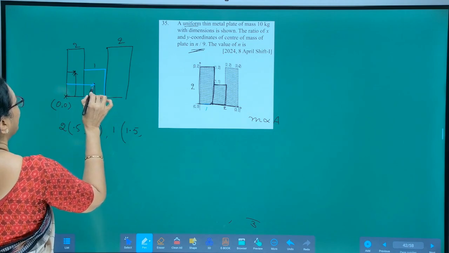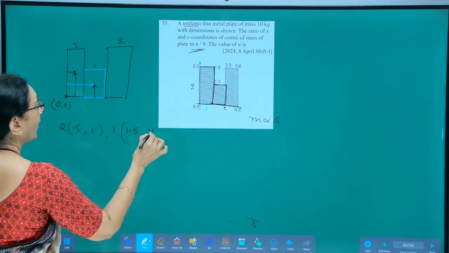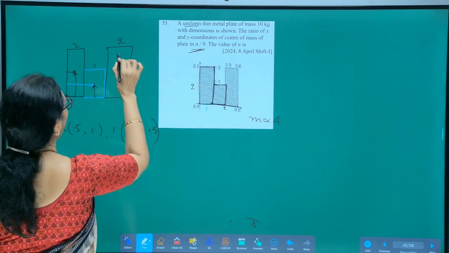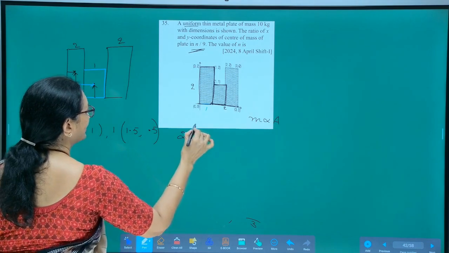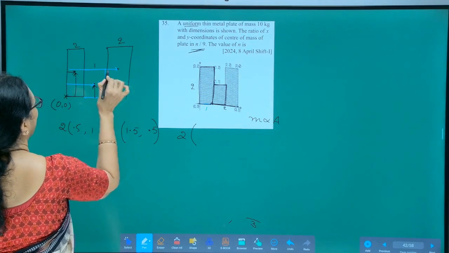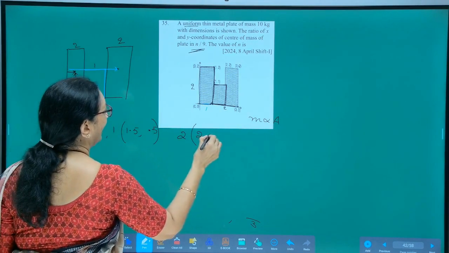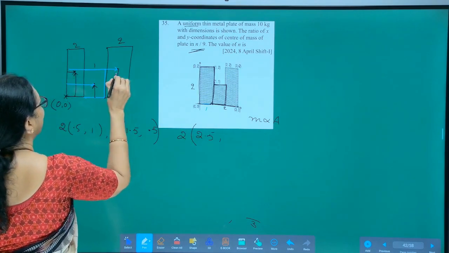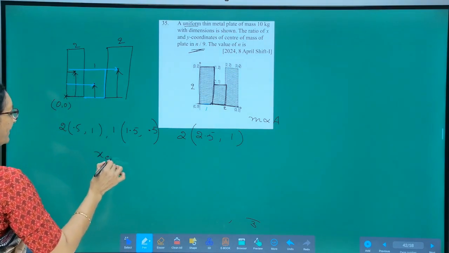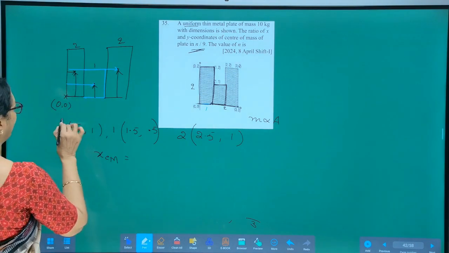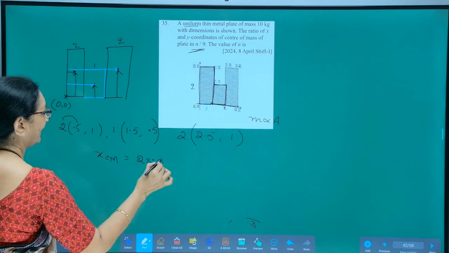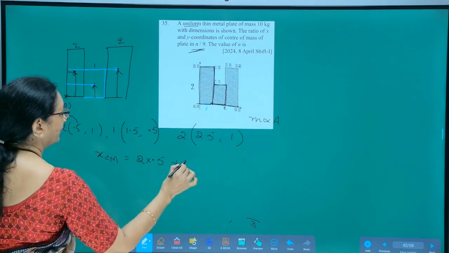Y coordinate is once again 0.5. And for this, mass is 2 and x coordinate is 2.5, and y coordinate is 1.